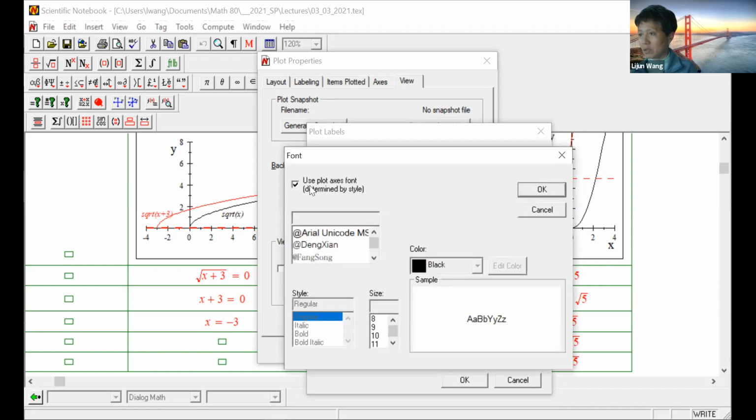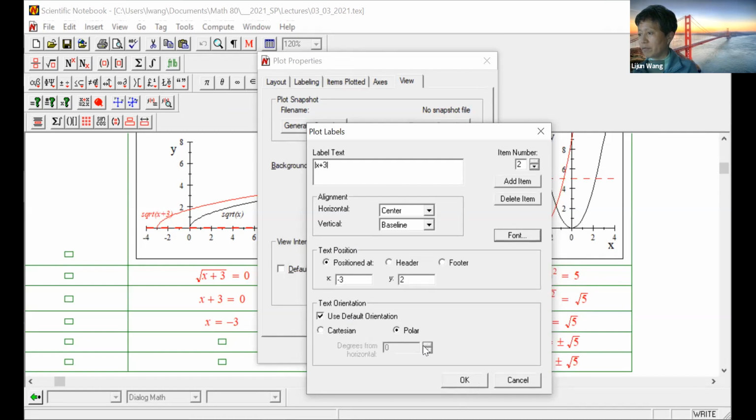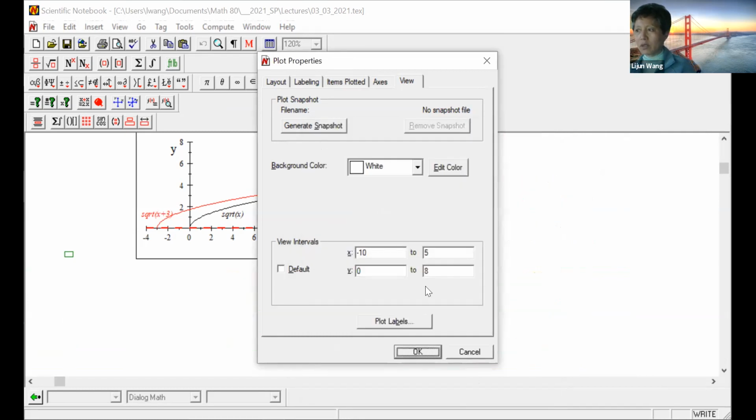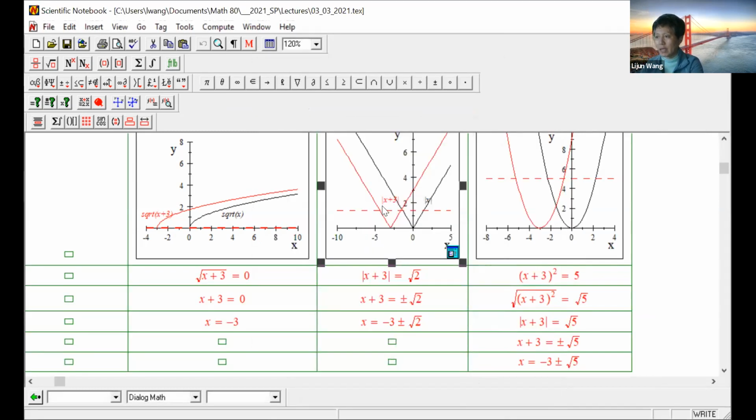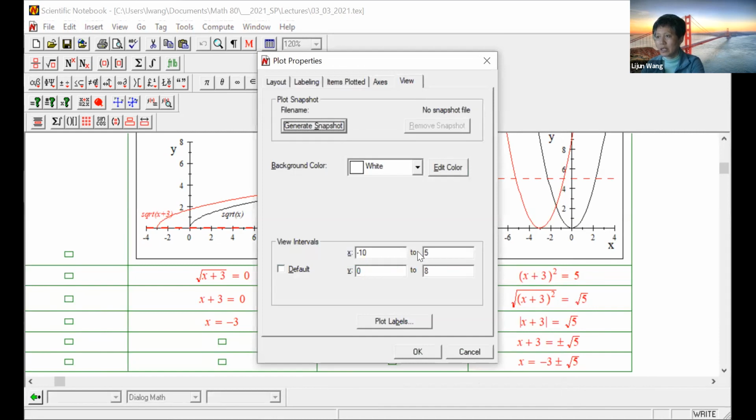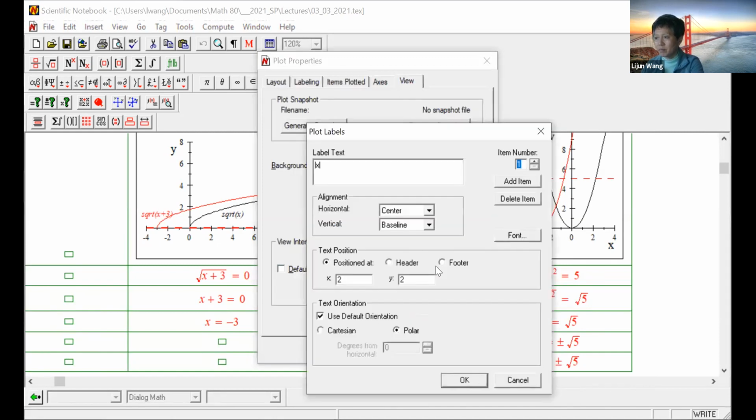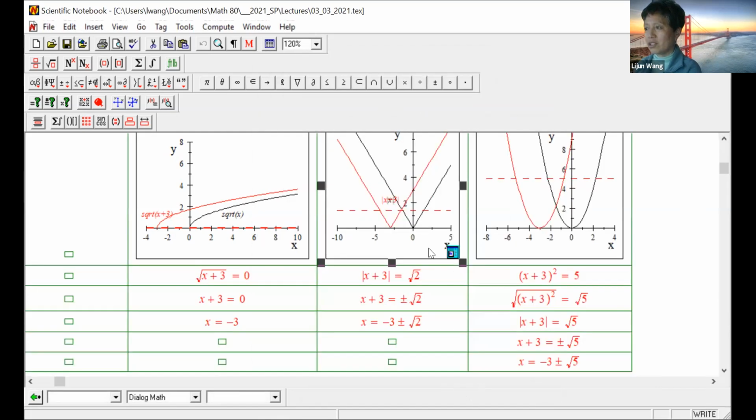I'm going to change the color to red. So hopefully this will help us to visualize. You can see the red is the absolute value after the shifting to the left. Okay, I'm going to move over just a little bit more. I'm going to make this a -3 here. Do you see the shifting?